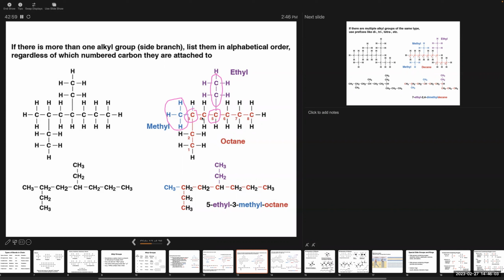So I'd be inclined to call this 3-methyl, 5-ethyl octane. But no, that's not the way it works. You list the side chains in alphabetical order. So because ethyl comes before methyl in the alphabet, it's actually 5-ethyl, 3-methyl octane that is the full name of that molecule.